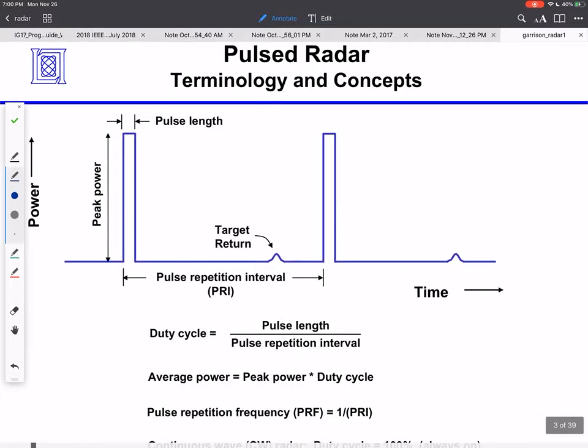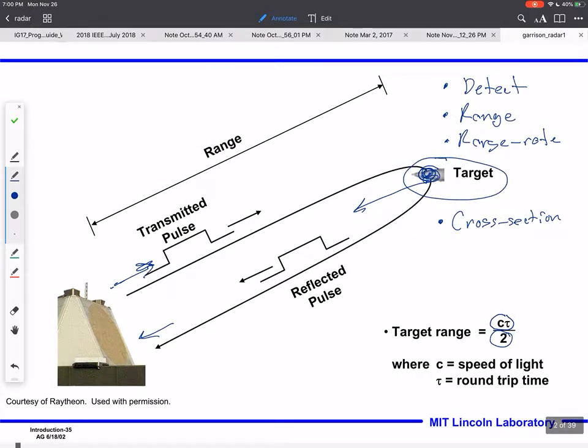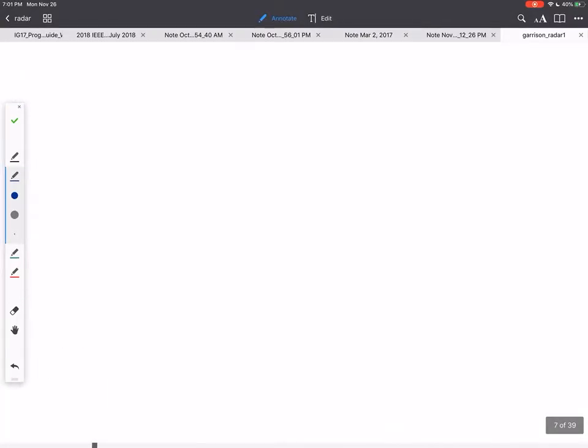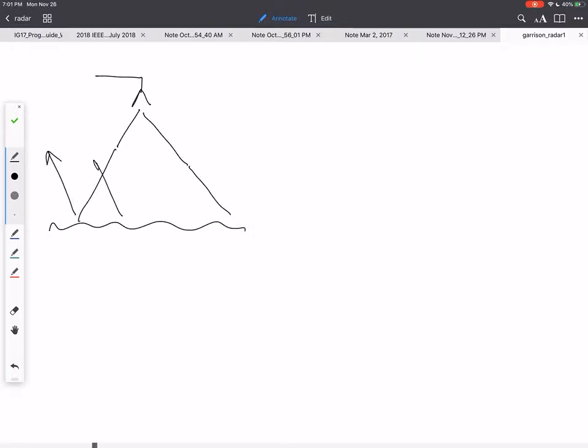So if I have radar from an aircraft or a spacecraft and it's looking at the ground, so I have a radar looking down and I'm sending my pulse out, and then I have, say, the ground or the ocean, I'm going to get a reflection back from all of these points I illuminated.